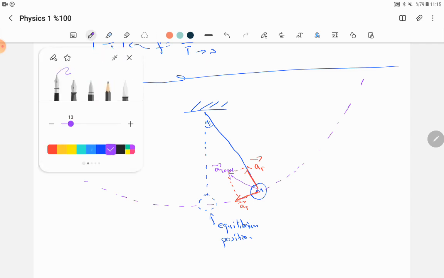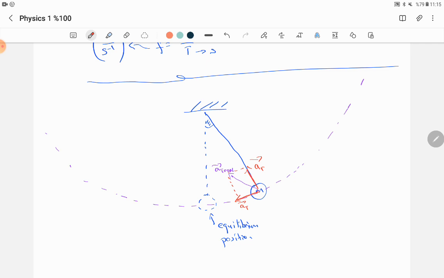The tangential acceleration is related to the gravitational acceleration, and for example, if the angle is theta, the gravitational acceleration relates to the tangential acceleration.